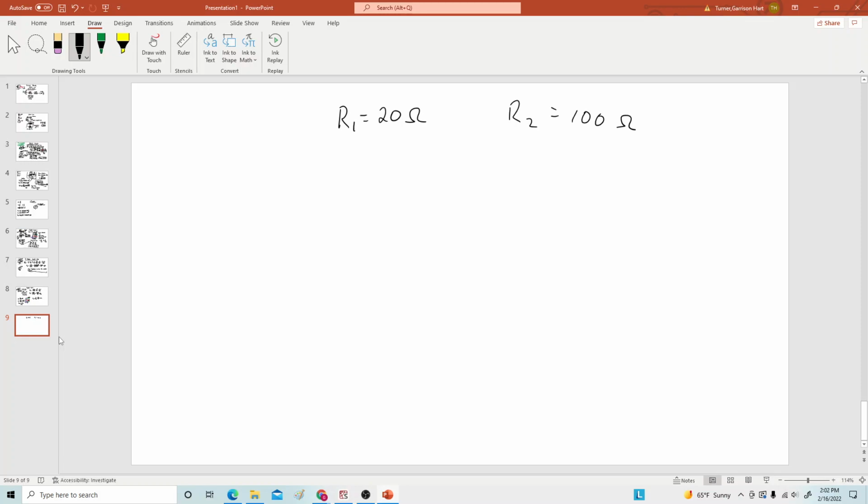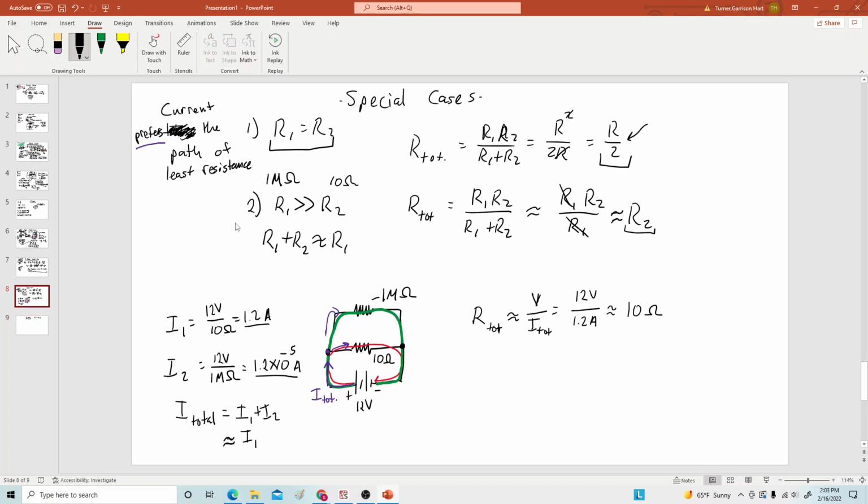How much smaller than 20 will you be? Well, if the smallest of my resistors is 20, then the smallest equivalent resistance I can get is 10, because if my other resistor is also 20, then the total resistance will be 1/2. But the largest resistance I can get is approximately equal to the smallest resistor as well.